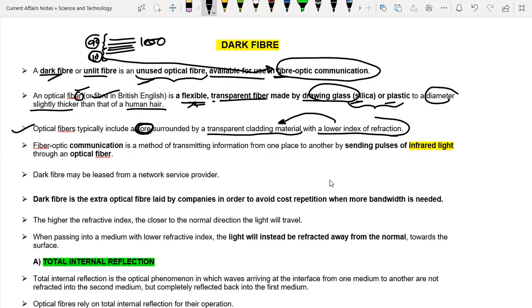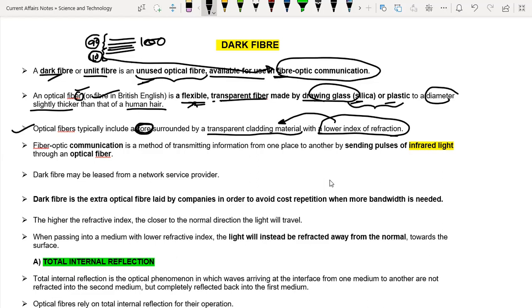Lower index of refraction means that when light travels in it, it bends away from the normal, or towards the surface. Because it moves toward the surface, it has the property of total internal reflection. That means it moves in the tube, and when it goes out, it comes out as it entered the material.